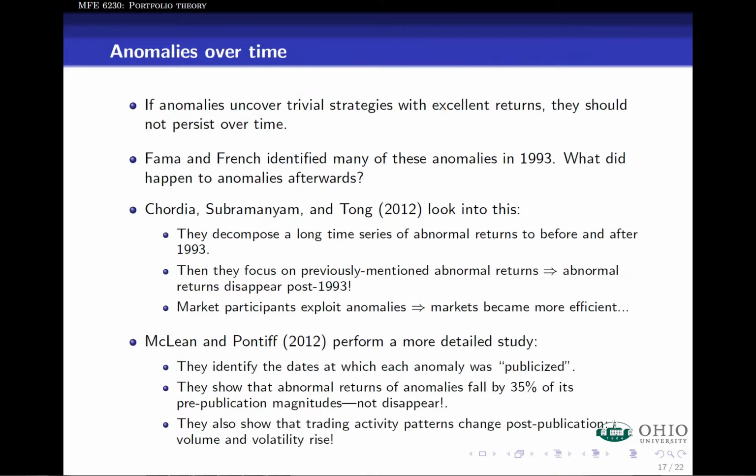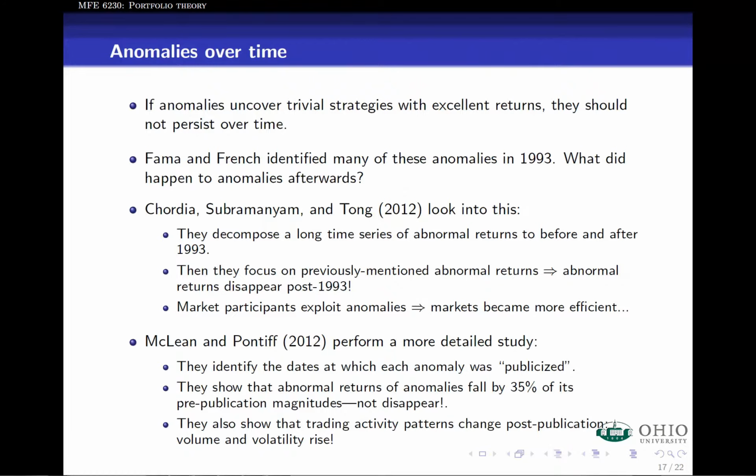So what they show is that the abnormal returns of whatever anomaly they're looking at, on average, falls by 35% compared to the pre-publication of the magnitudes of that same anomaly. Okay, they don't find disappearance; they just find a decline in the abnormal returns. They also show differences in trading activity patterns.